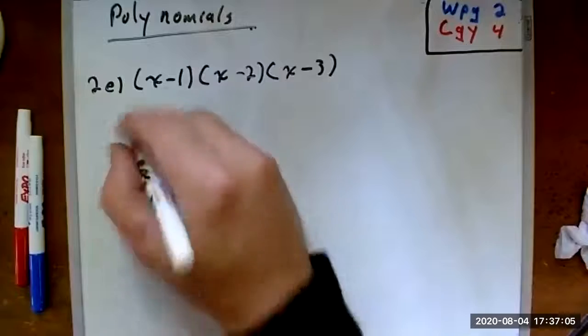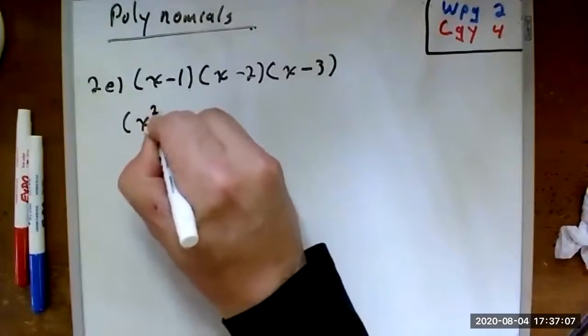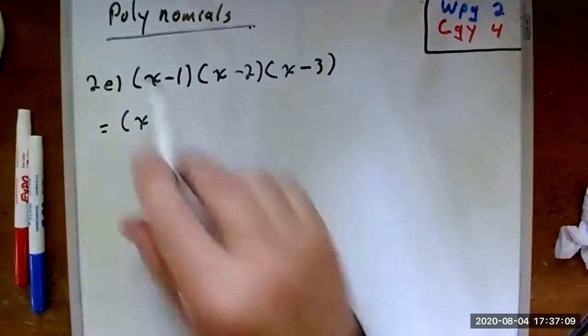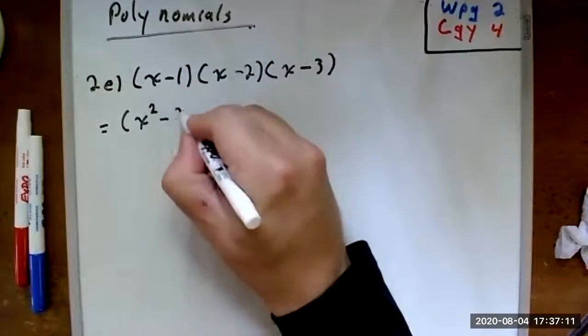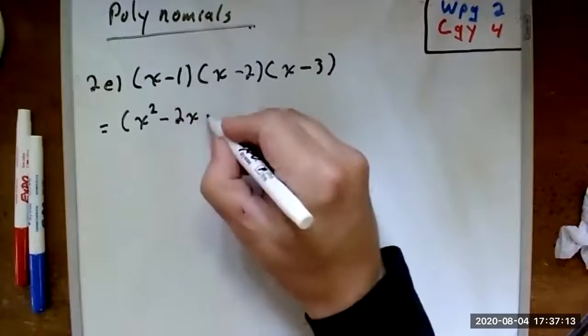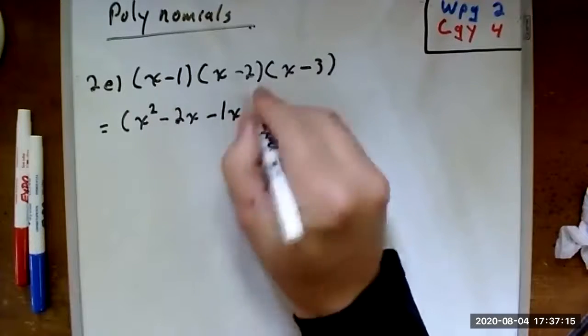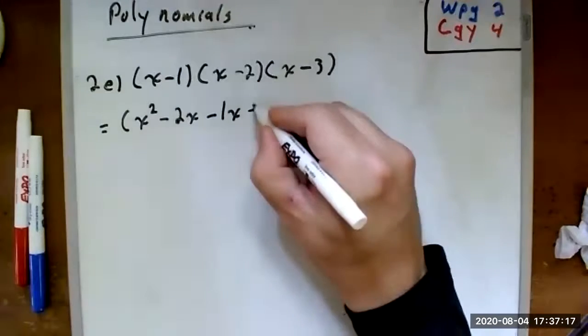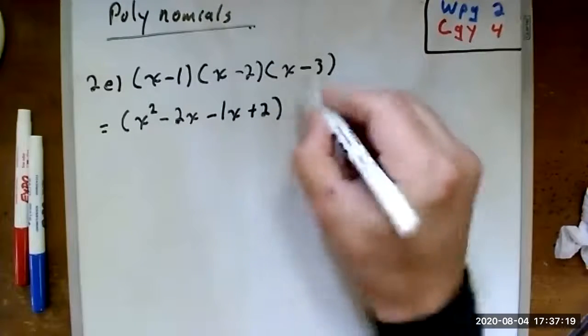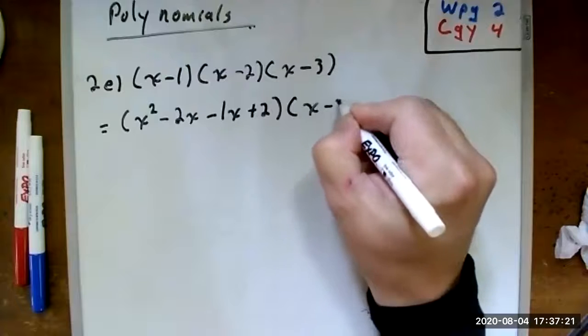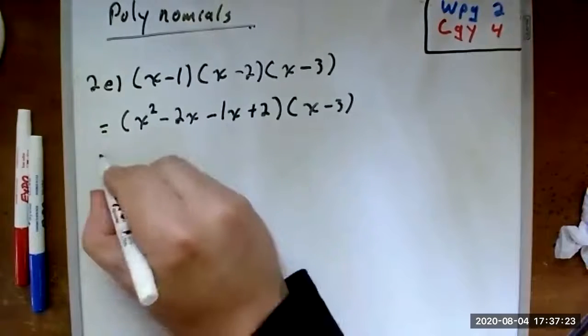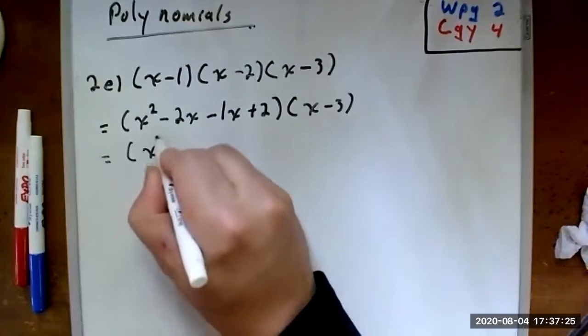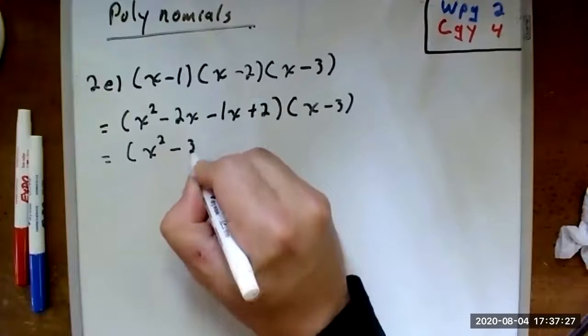We can't do all of these at once, so you sort of pick a pair and start by multiplying those out. So I'm going to take the first two, I'm going to multiply these. X times x gets me x squared. X times negative 2 is minus 2x. Negative 1 times x is minus 1x. Negative 2 times negative 1, positive 2.